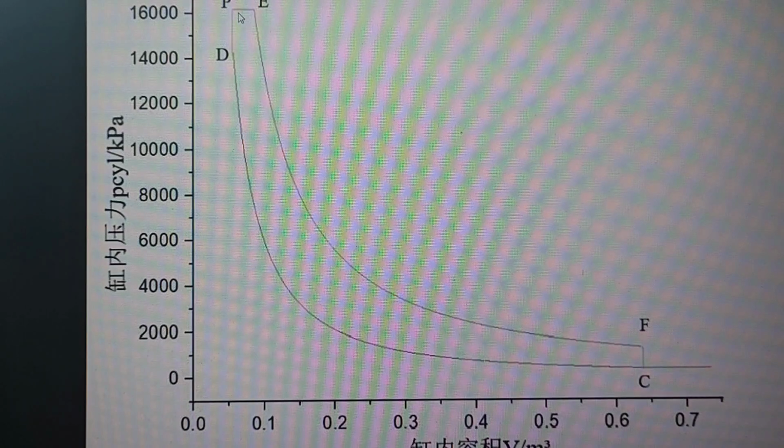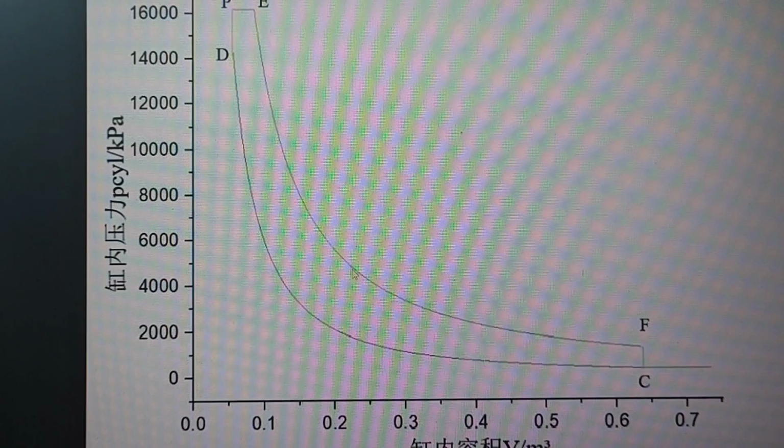So the volume is increased, but the combustion is also taking place. So in this part, the PE process, the pressure inside the cylinder remains roughly the same.